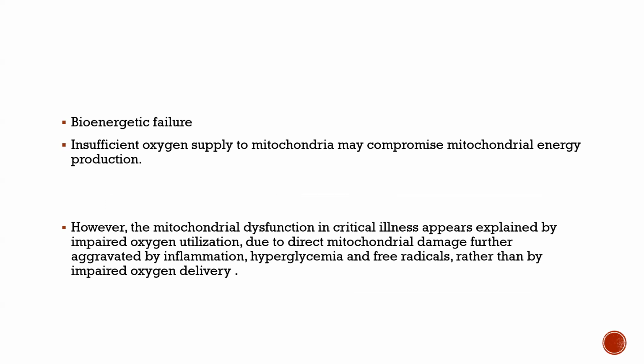Then the next is bioenergetic failure. Insufficient oxygen supply to mitochondria may compromise mitochondrial energy production. However, mitochondrial dysfunction in critical illness appears explained by impaired oxygen utilization due to direct mitochondrial damage, which is further aggravated by inflammation, hyperglycemia, and free radicals, rather than by impaired oxygen delivery.